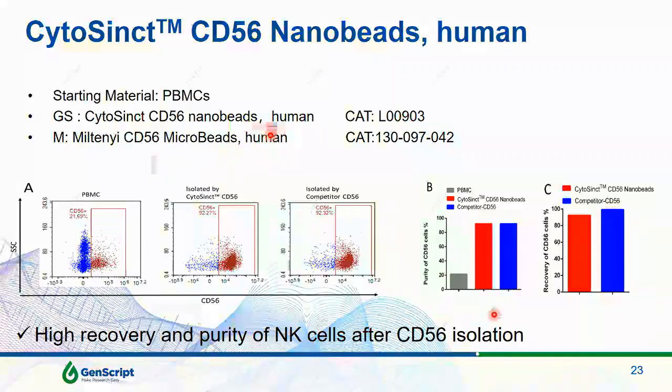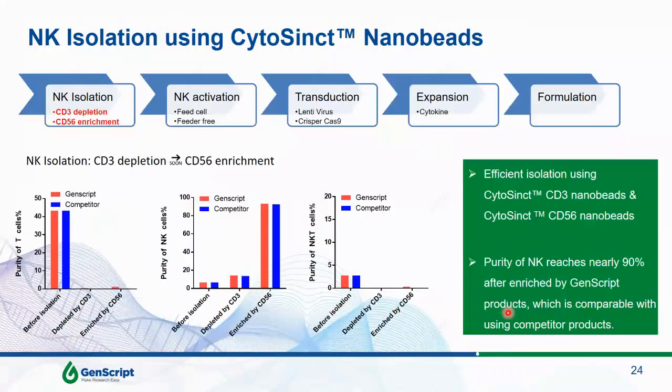You see from the data here, after isolation we have comparable purity and recovery rates. We also have data from another customer who used the CD3 beads to do the depletion first, then used the CD56 to perform the enrichment to get rid of those NKT cells. We also compared those combinations between GenScript and our competitor, and we have very comparable results.